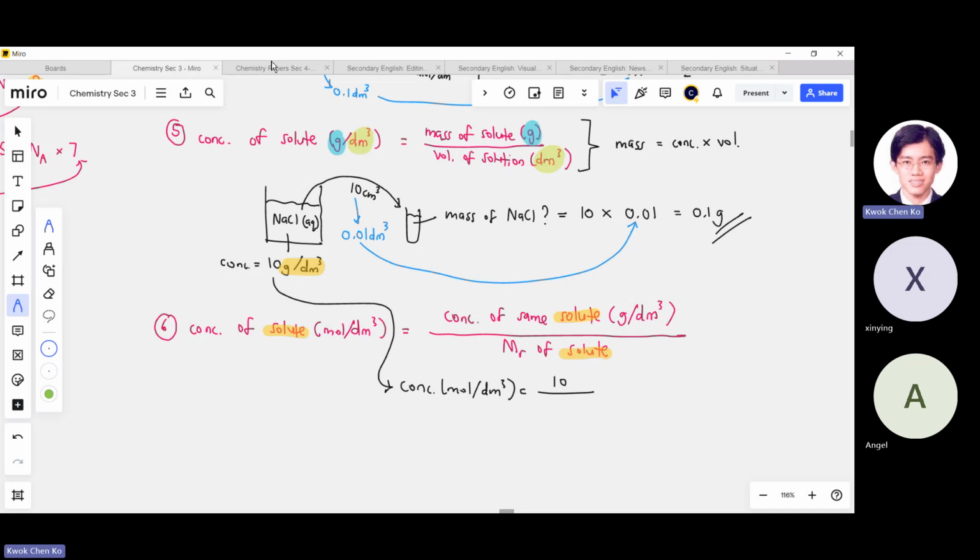Ethan, look up what's the mR of sodium chloride. You need the periodic table. Okay, basically sodium is 23. Chlorine is 35.5. So it's 10 over 58.5.